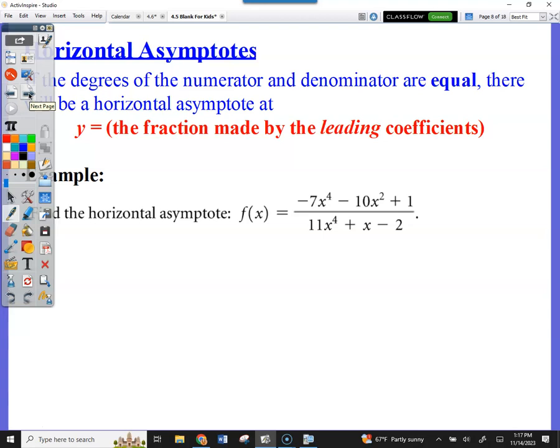All right. Go to this slide. When the degree of the numerator and denominator are equal, then the horizontal asymptote is the equation y equals, and then it's the leading coefficients. Just the numbers.